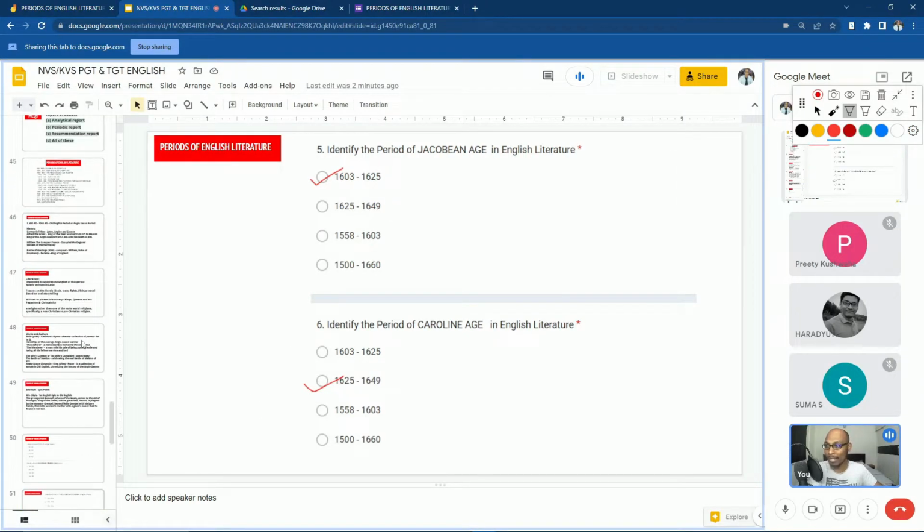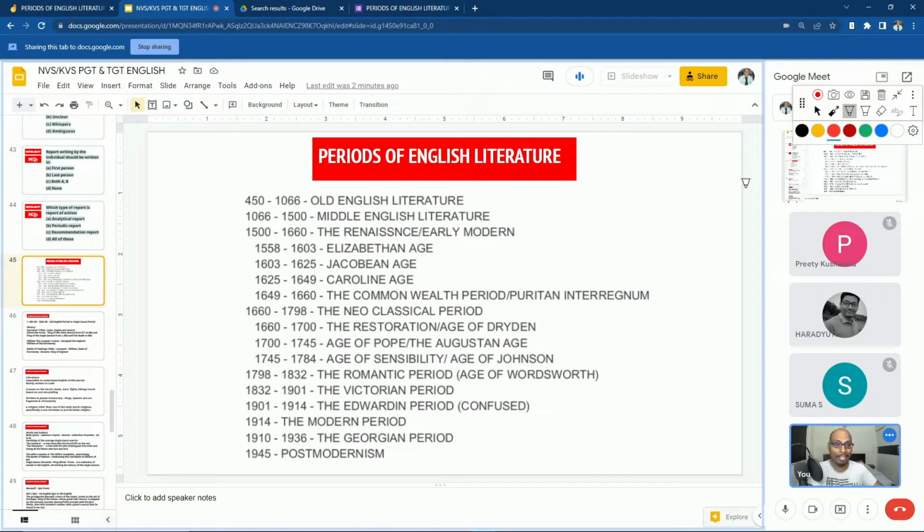Again we'll go back. Now see and read. First, Old English literature, 450 to 1066. Correct. Then Middle English literature, 1066 to 1500. Correct. Then Renaissance or early modern, 1500 to 1660. Correct.